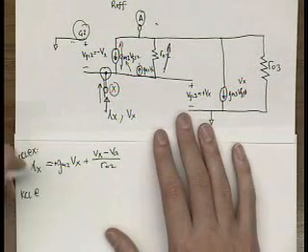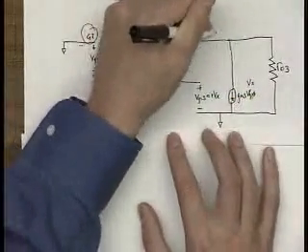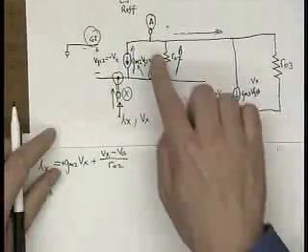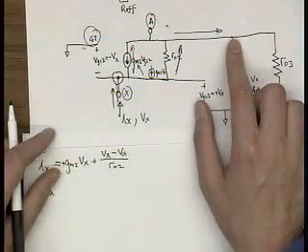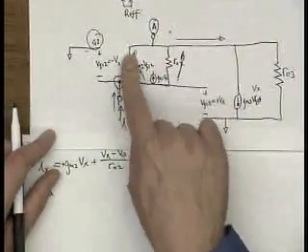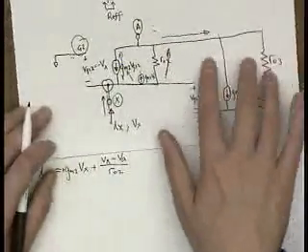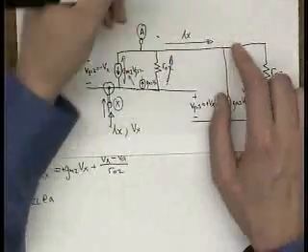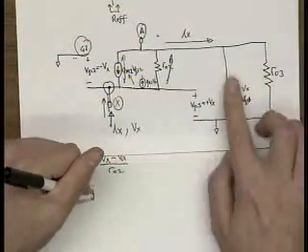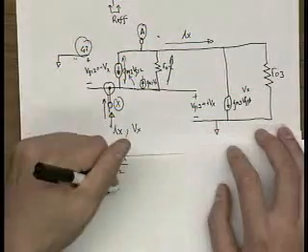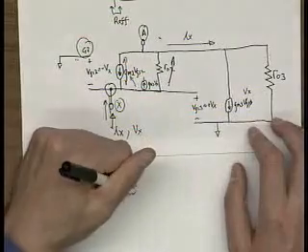And then KCL at node A here. Okay. What do we know? Can anyone tell me what the current flowing across this branch is? Ix, exactly. You could say it's equal to the current here plus the current here, but because this current branches out and then merges back here, this current also has to equal Ix. So then Ix is equal to the current flowing out, which is GM3 Vx, plus the current through this, which is Va over RO3.